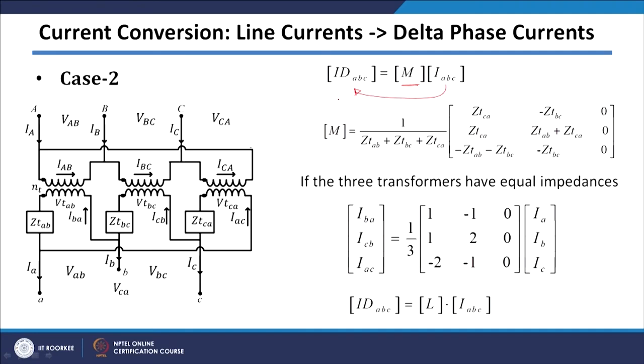We need to use it because we are always operating on an unbalanced system, so they will not be just related by √3. That is why we need to go for these complicated matrices here, because these currents are unbalanced currents, so angles will not be 120 degrees displaced from each other, and the magnitudes will not be the same.